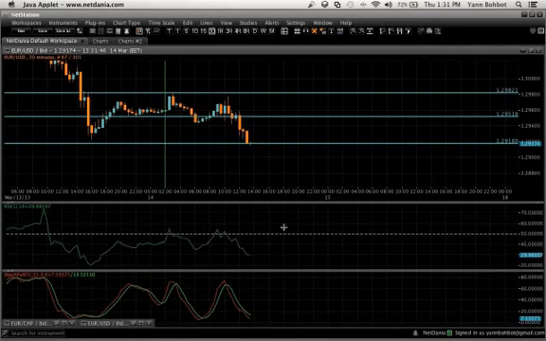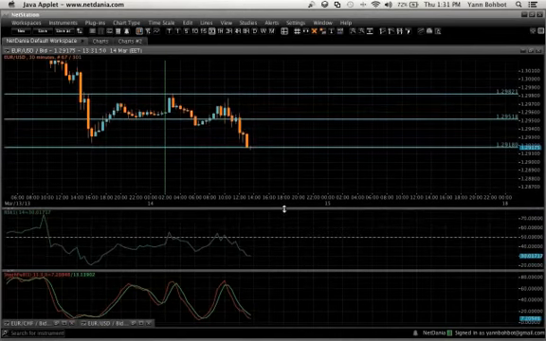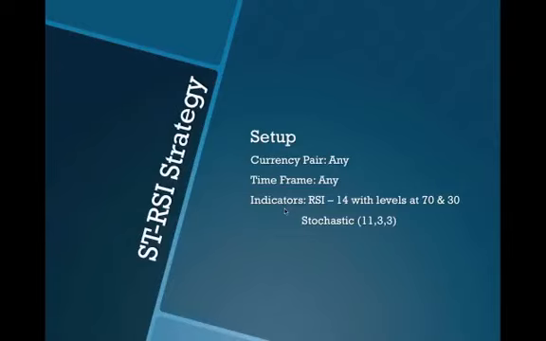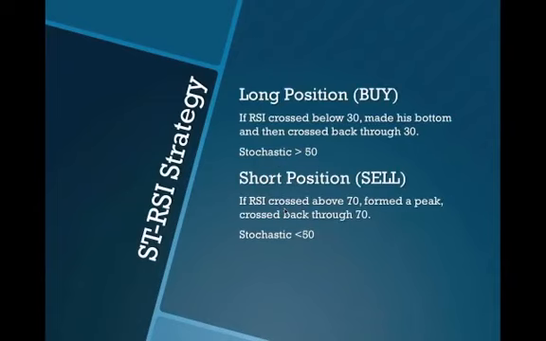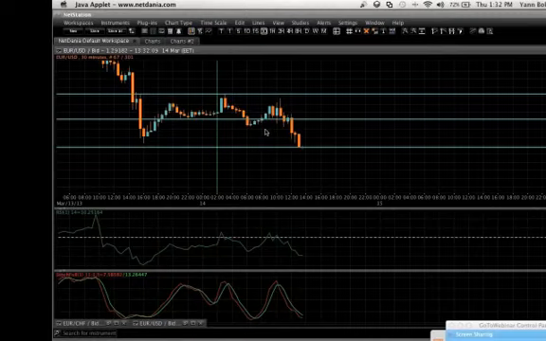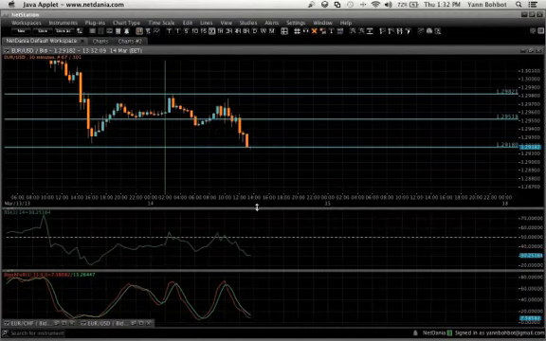Here's my setup. This is how the setup should be. Right now, we want to know when to buy and when to sell. Long position, when to buy. If RSI crosses below 30. Sorry, let's put on our RSI.